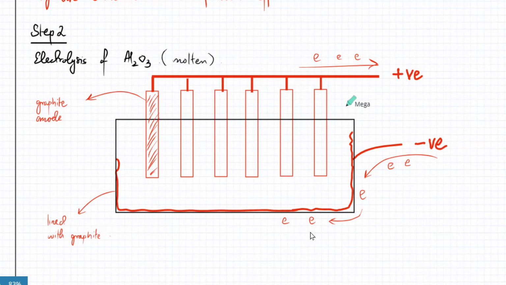And in this container, you're going to add your purified alumina, which is Al2O3. Now, it will be in molten state. So that means Al+3 ions and O-2 ions will be roaming around. In molten state, they'll be able to freely move around.